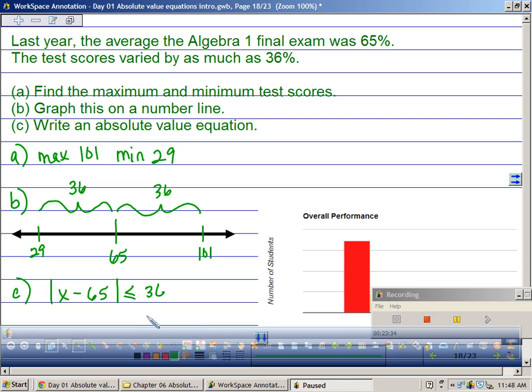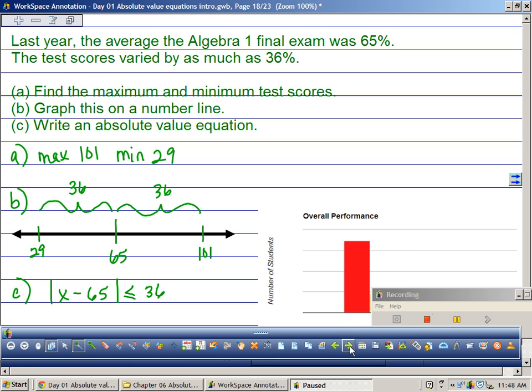Okay? All the numbers that are less than that? Yes, Elijah. It's supposed to be numbers increase and decrease. Is that what you're talking about? Yeah?